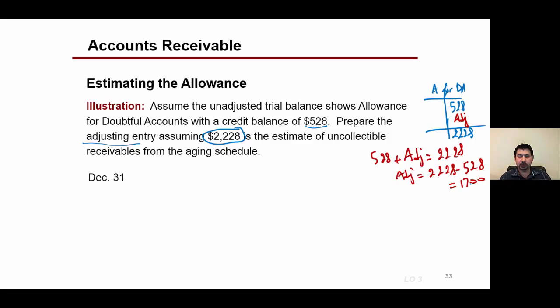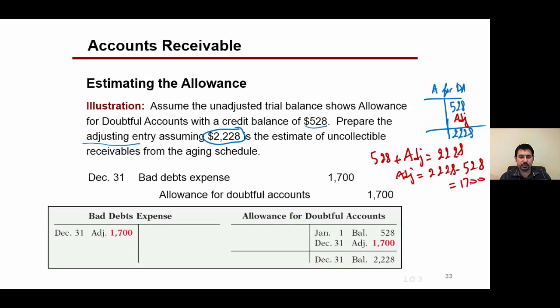So the company at this point would debit bad debt expense 1700 and credit allowance for doubtful accounts 1700, and this is the amount here.